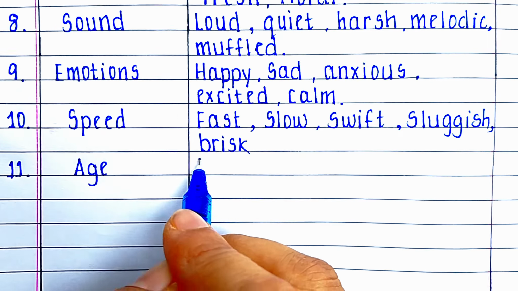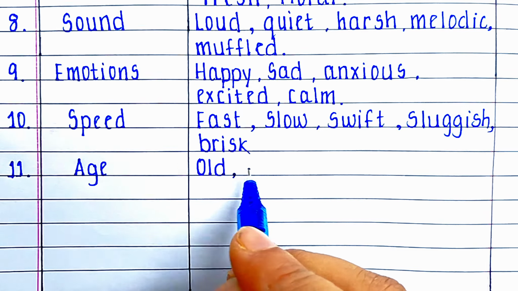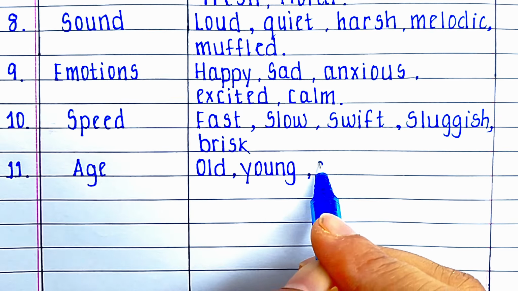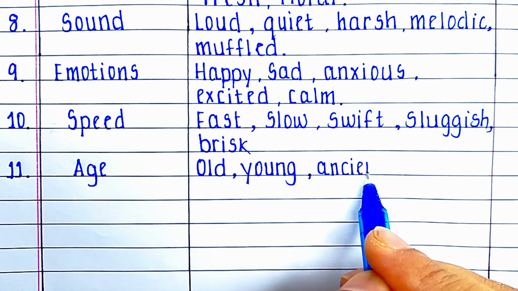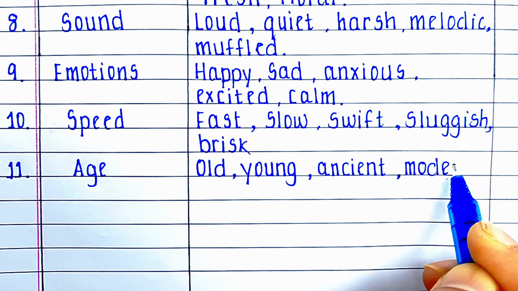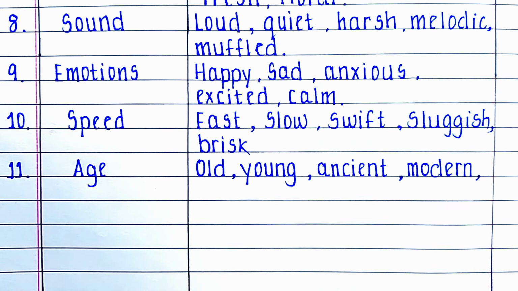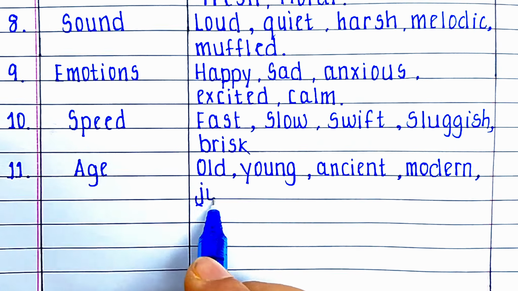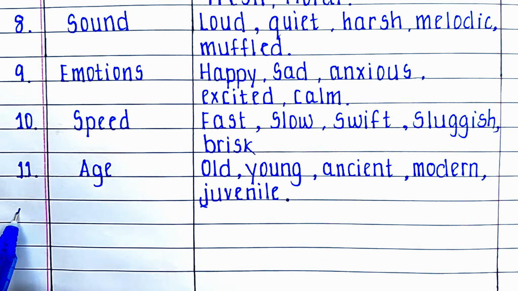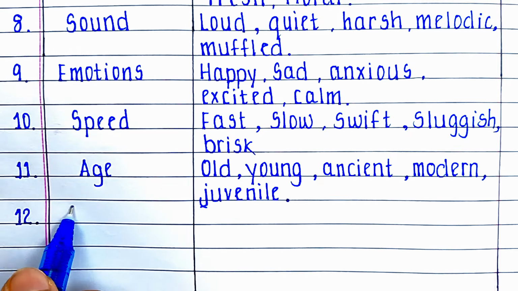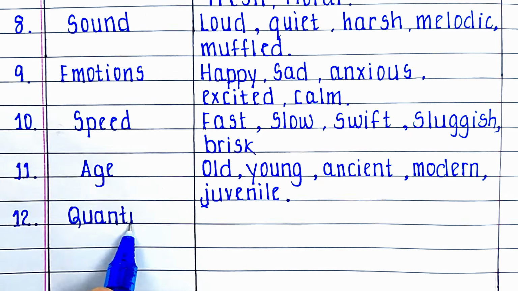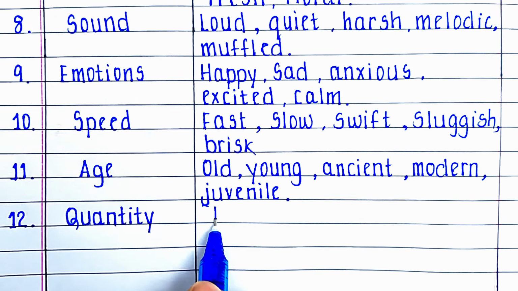Next category is age. The words are old, young, ancient, modern, juvenile. Next category is quantity.